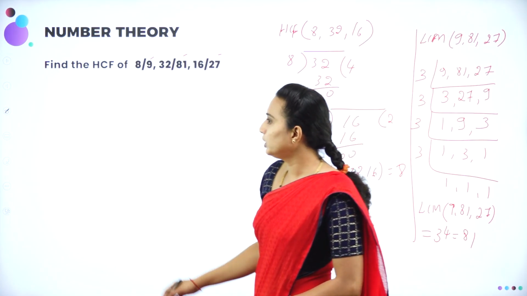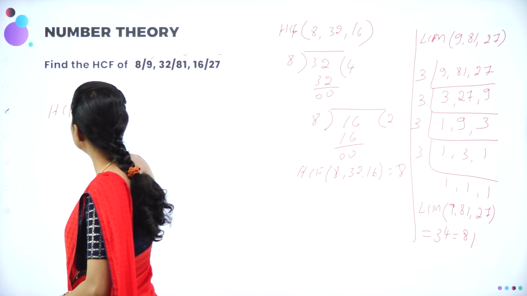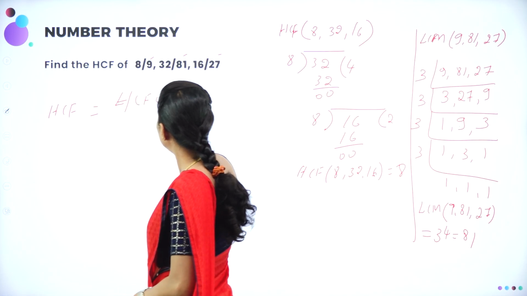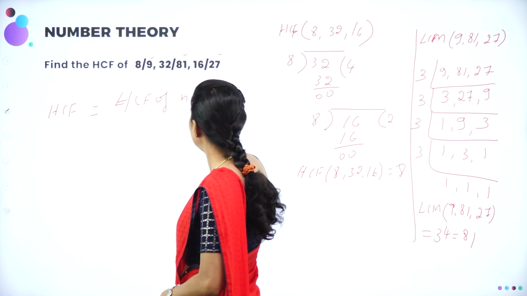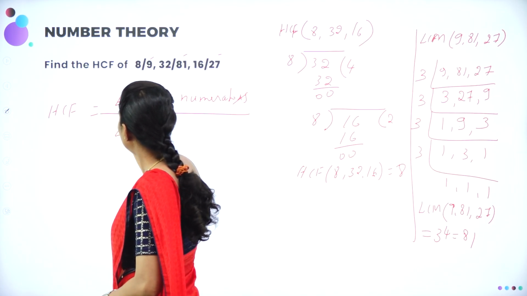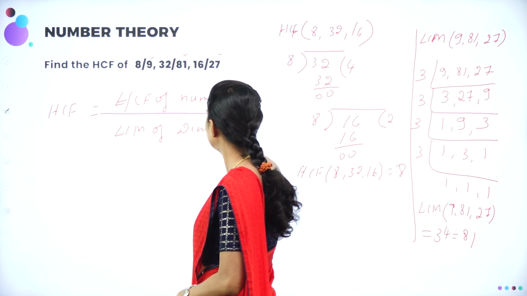So therefore you are going to have it as here. HCF will be equal to HCF of numerators divided by LCM of denominators, right?